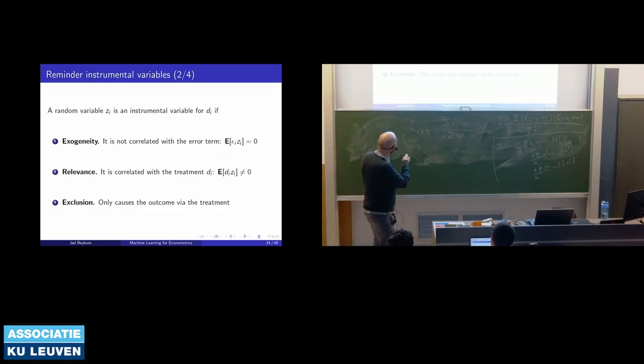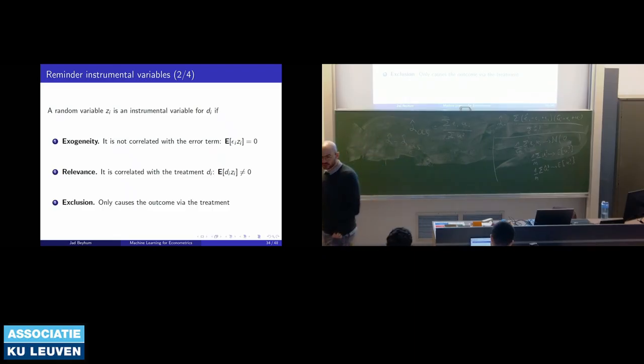And the third one is exclusion, meaning you only cause the outcome, so wages, through the treatment. So that means college proximity causes you to have better wages only through the fact that you are more likely to go to college.